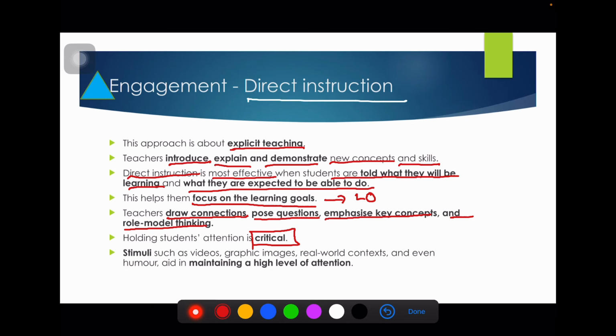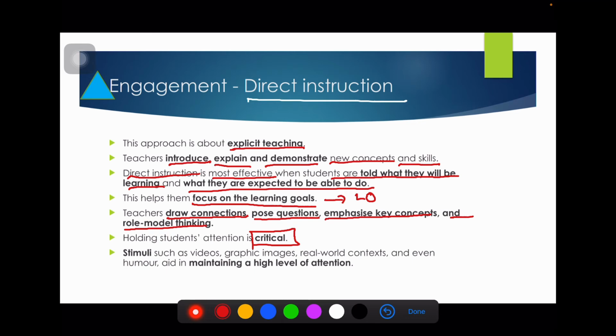Okay, because you are the center of the stage. That means you are the one who is talking and telling them what to learn, telling them which one is important, and telling them you need to focus on this. The students are at the receiving end, meaning that they only hear your voice and they are not talking to each other at that point.